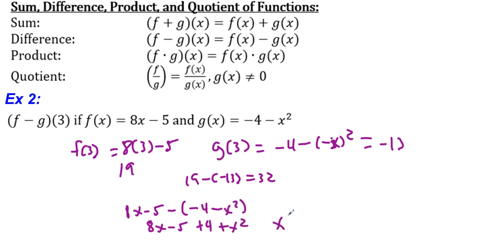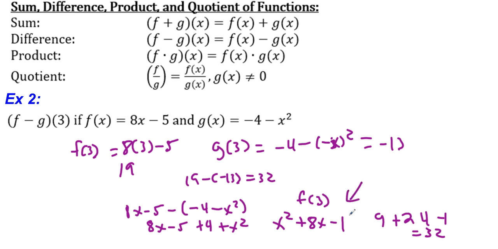Write this in standard form for ease of our brains: x squared plus 8x minus 1. And then we would do f minus g of 3 of that. That's going to be 9 plus 24 minus 1, which is going to give us 32. So there's a couple ways you could do this. Sometimes this is actually the advantageous way of doing it on some of these operations. But for a basic one like this, I'd probably do it the first way.